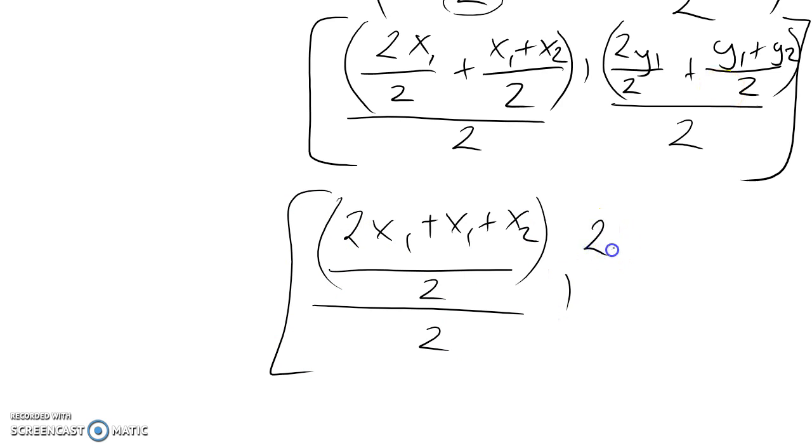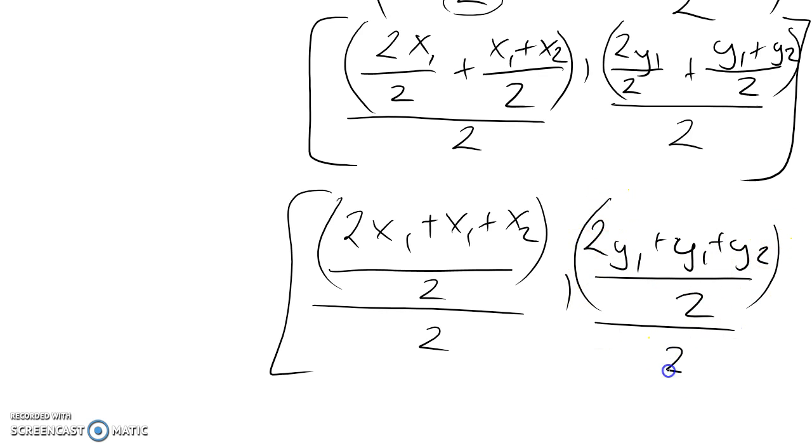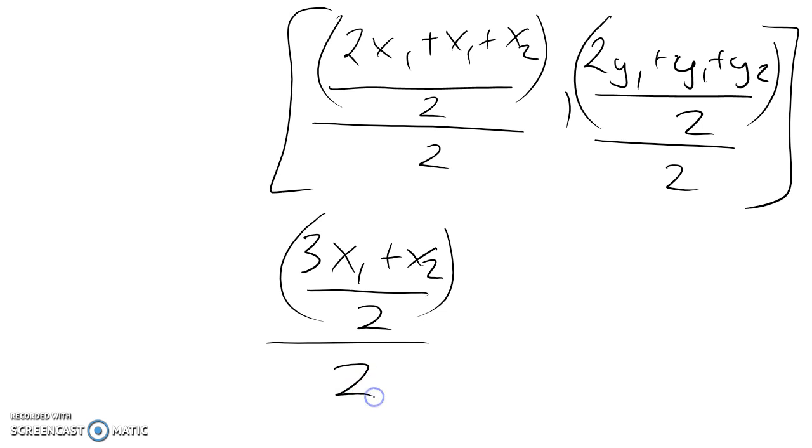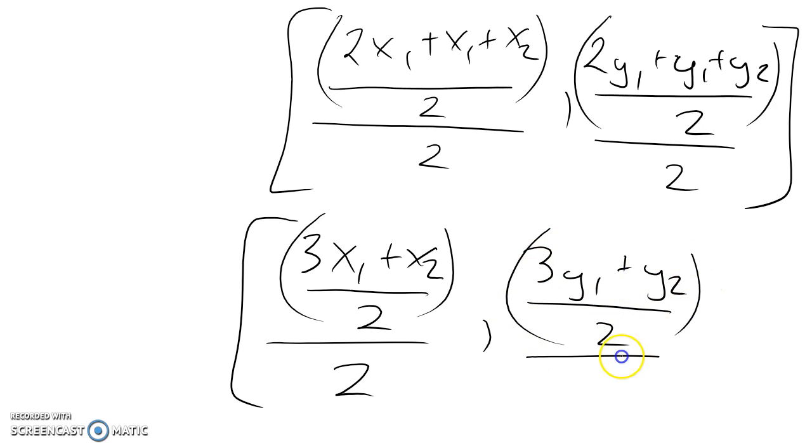We've got the common denominator, so we can write it as (2y1 plus y1 plus y2) over 2, and once again that whole thing is divided by 2 as a compound fraction. Before we get rid of the compound fractions, I'm going to combine like terms in the numerators of both coordinates. So we'll have (3x1 plus x2) over 2, divided by 2, comma, and the other one would be (3y1 plus y2) over 2, and once again divided by 2.